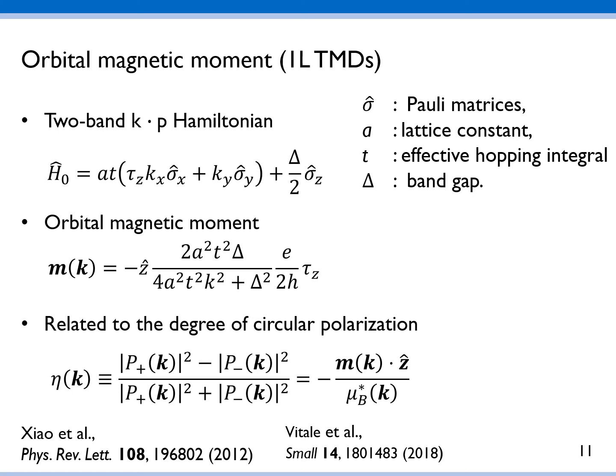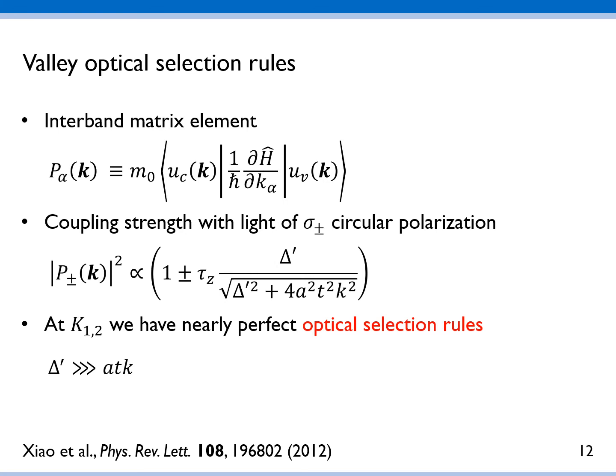And in fact, that reduces to selection rules at our valley minima. So here we have the interband matrix element P, dependent on where we are in k-space. If we take the square of that, we get the coupling strength, or the oscillator strength, the strength with which light couples to this interband transition.